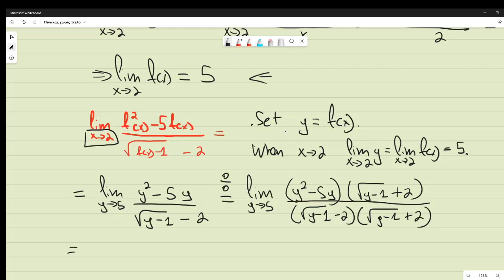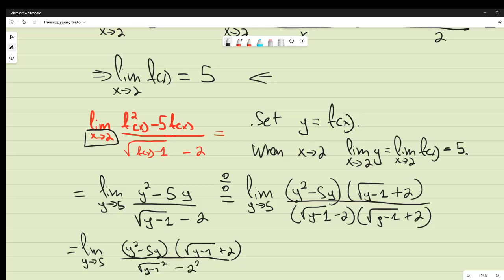This will be equal to the square difference that we know from the little classes, minus 2 squared.